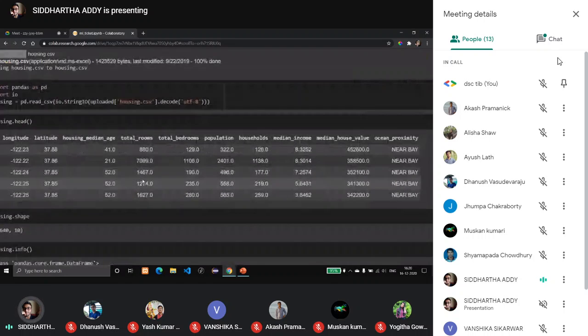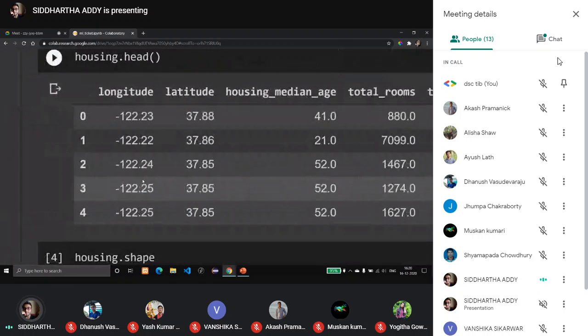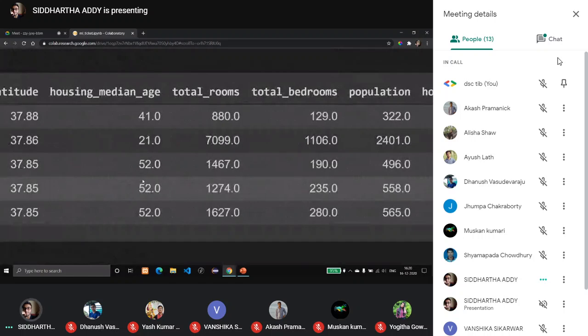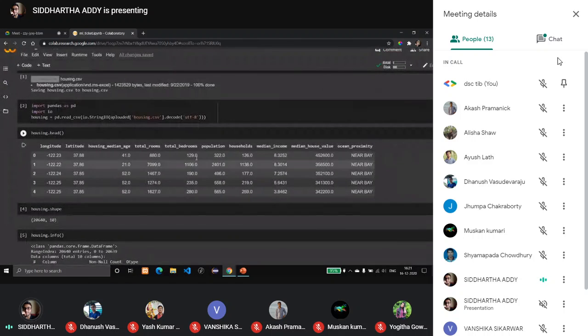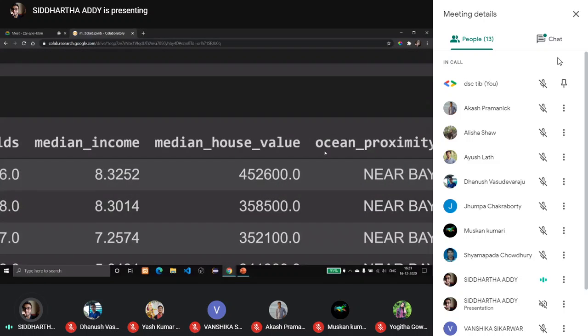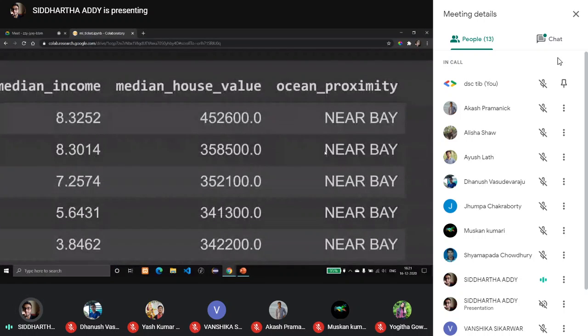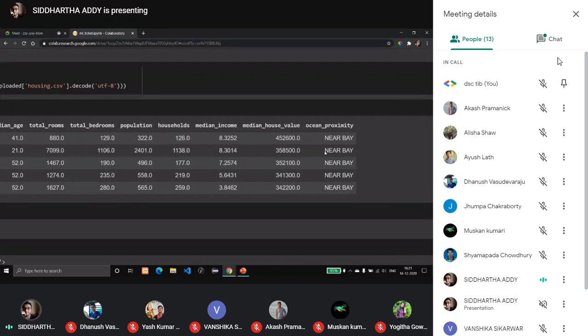Previously, we have seen we have many attributes like latitude, longitude, housing median age, total rooms, and all the others. But as you can see, I noted yesterday also that ocean proximity is not an integer or a float value. It is some kind of an object or a string. We know that we cannot plot a string, right?